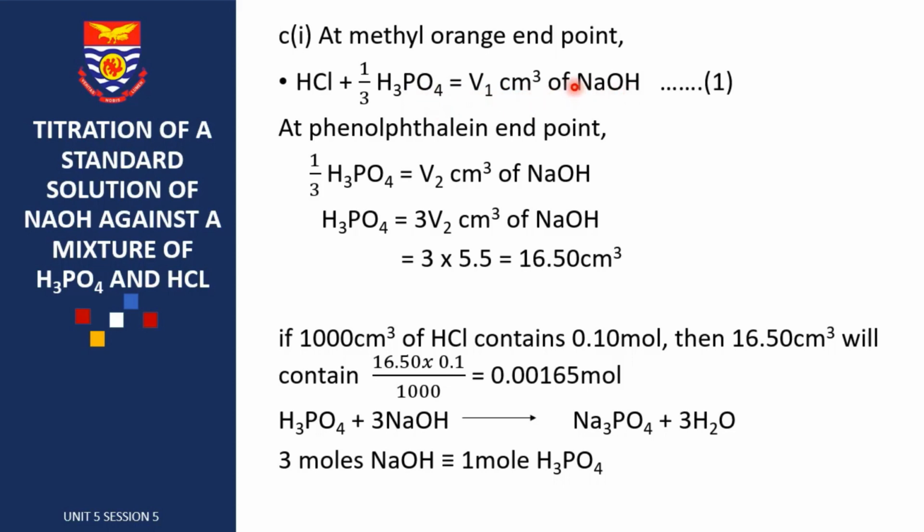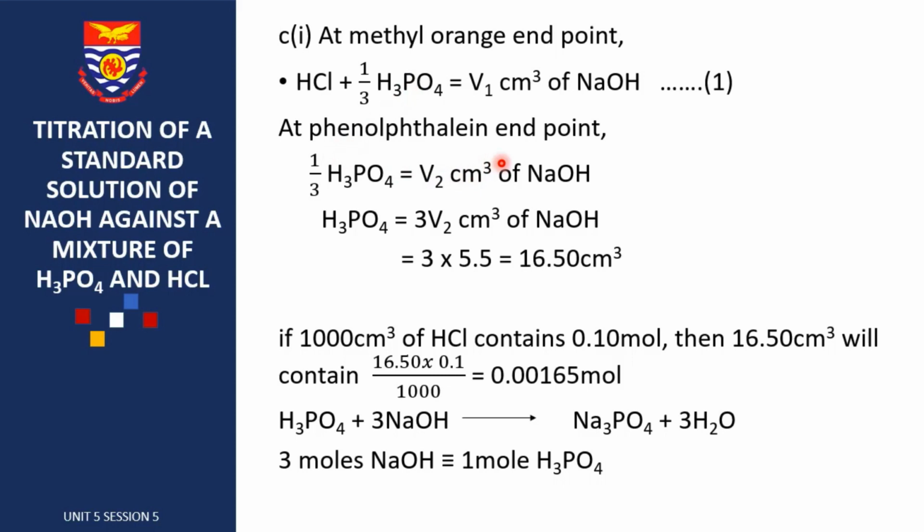In other words, the volume of sodium hydroxide that was recorded to have been used at the methyl orange endpoint is the volume that converted the whole of the hydrochloric acid and 1/3 of the phosphoric acid. Okay, so let this one stand here because we can't do anything again.